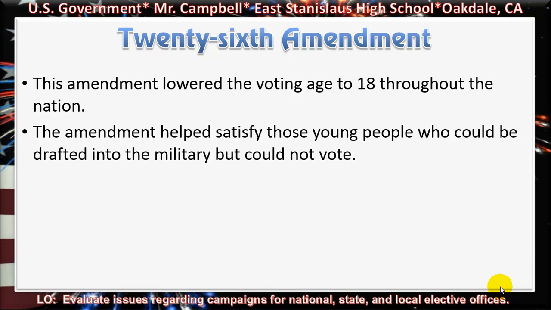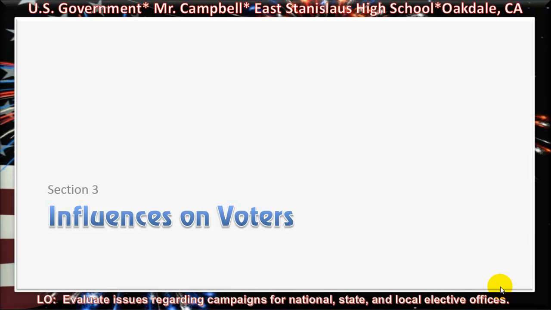They could have simply raised the draft age to 21, but largely for strategic military purposes, they felt it was better to lower the voting age. So that's why that was done.